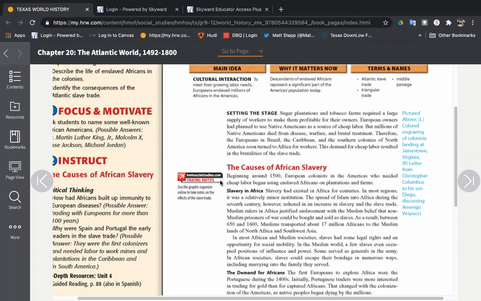So I'm going to start reading to you a little bit here just to give an introduction while you're going through this first part. Sugar plantations and tobacco farms require a large supply of workers to make them profitable for their owners. European owners had planned to use Native Americans as a source of cheap labor.